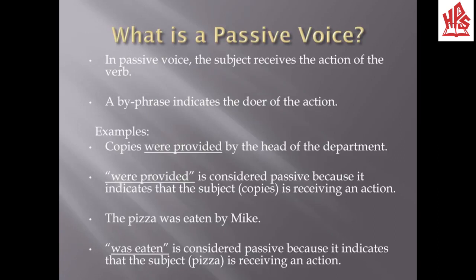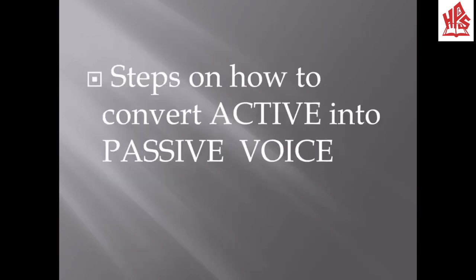You can see the words were provided are considered passive because they indicate that the subject, copies, is receiving an action. The pizza was eaten by Mike. Now, the particular words was eaten are considered passive because they indicate that the subject, pizza, is receiving an action.